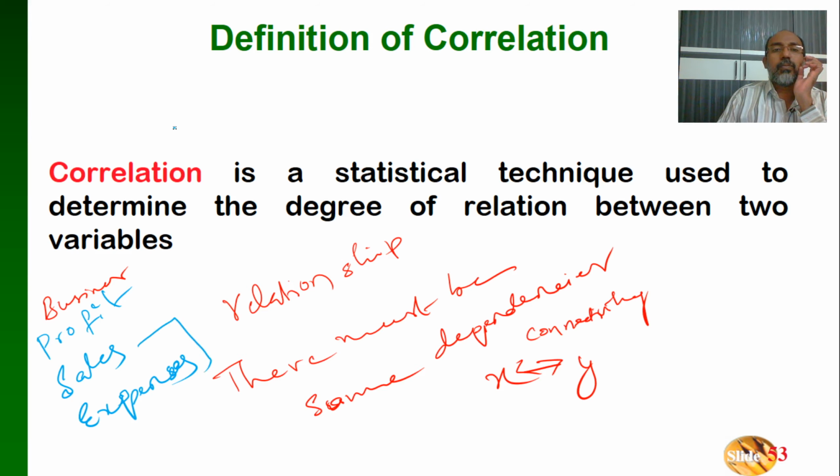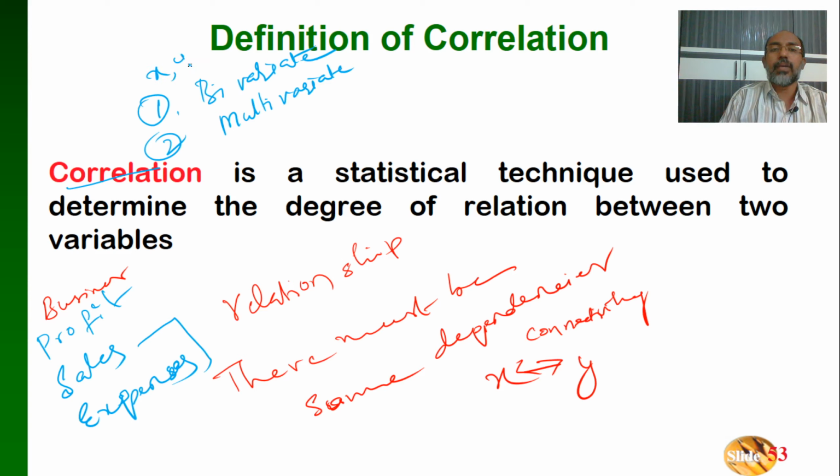This relation may be defined as number one bivariate, number two multivariate. Bivariate means only two variables, say x comma y.